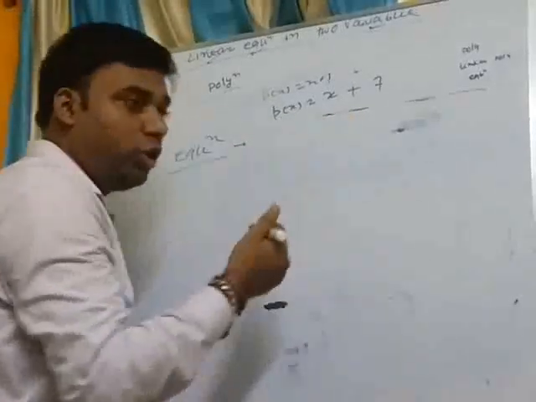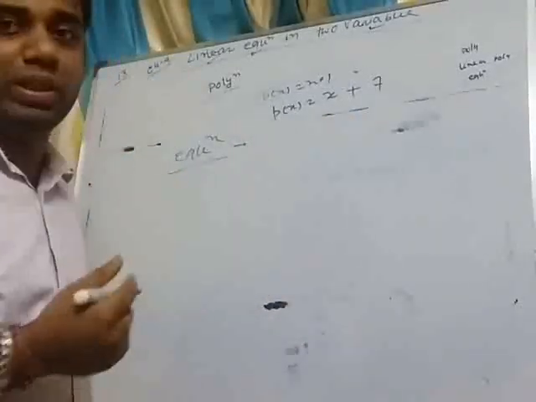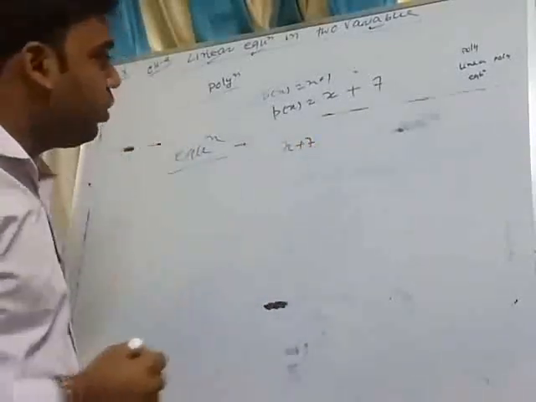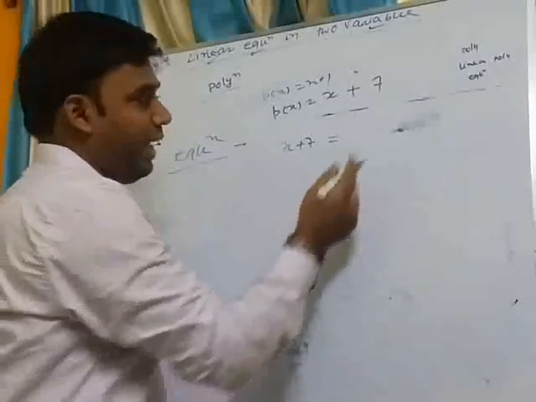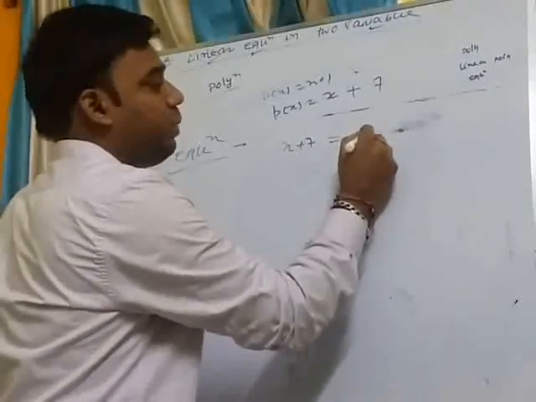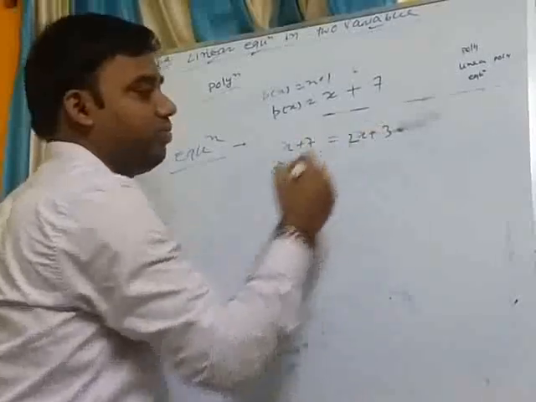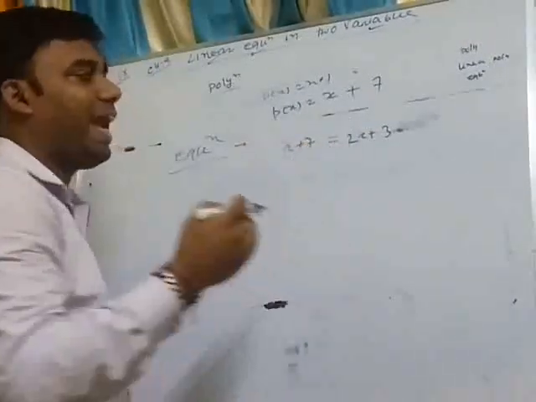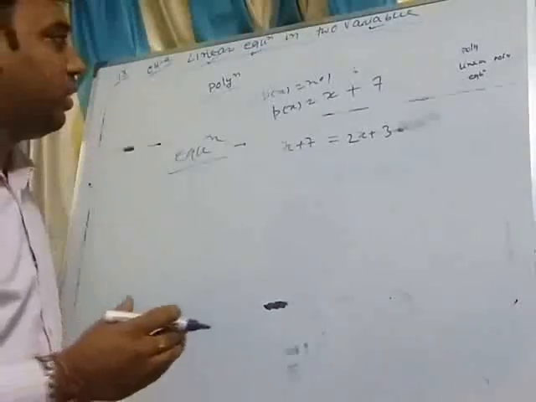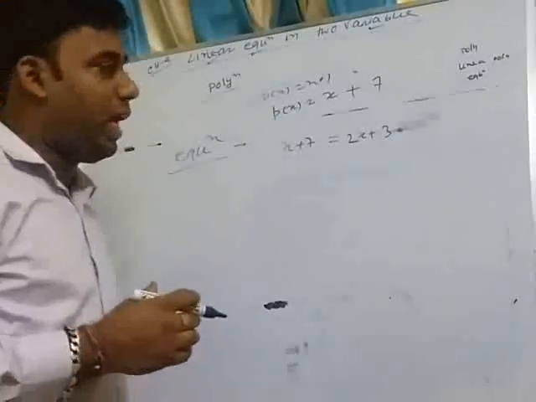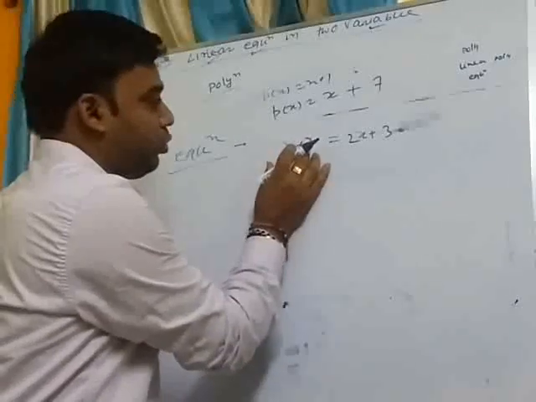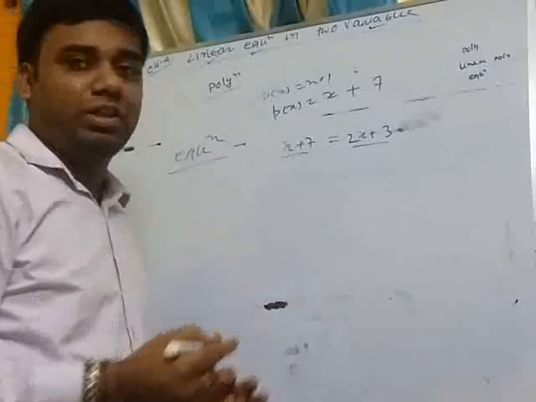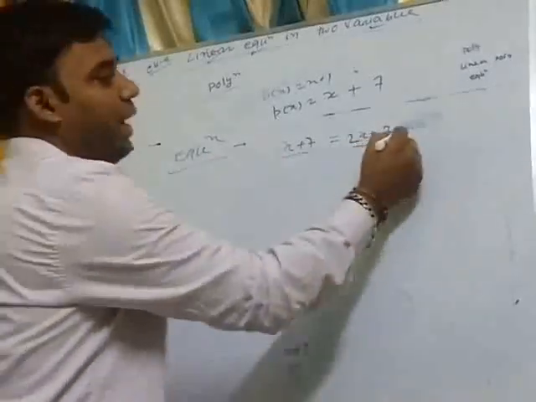Now, from a polynomial, how can we get an equation? Polynomial we have learned, that is x plus 7. If that polynomial is set equal to any other expression, for example 2x plus 3, that is an equation. So if I add an equal sign to a polynomial and two algebraic expressions are on two sides of the equal sign, then we can form an equation.